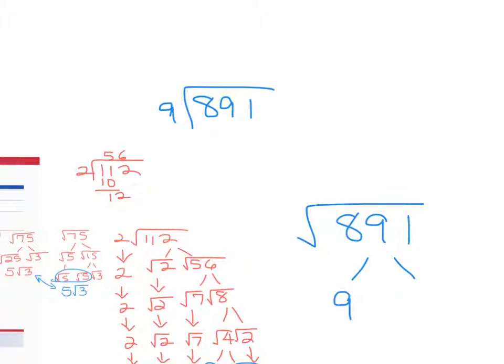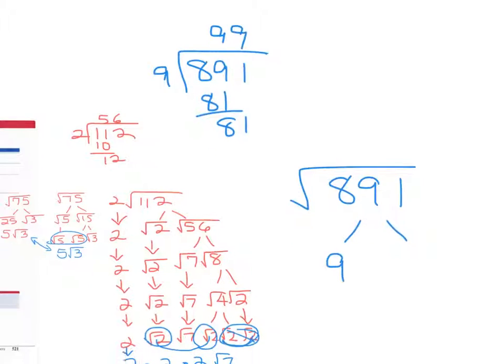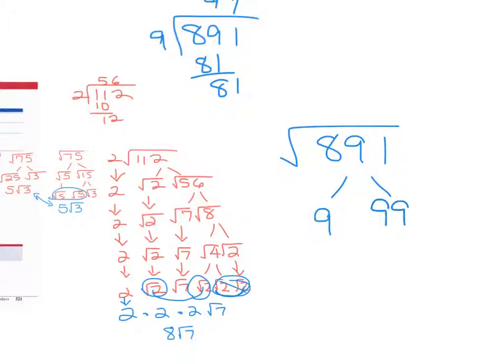But it'll go in here 9 times. So I can say that it's going to be 9 and 99. So I know 9 times 99 will give me 891.